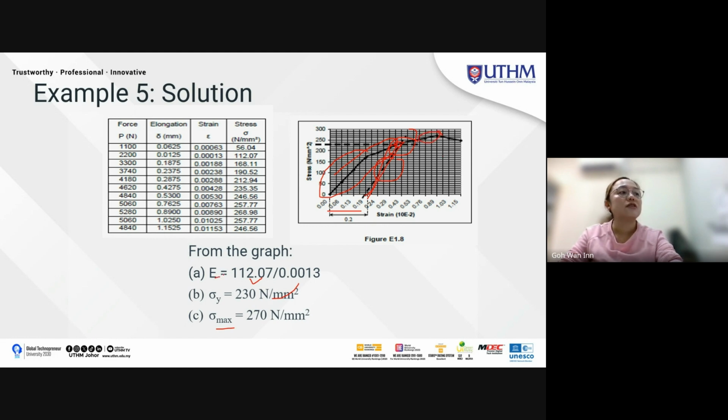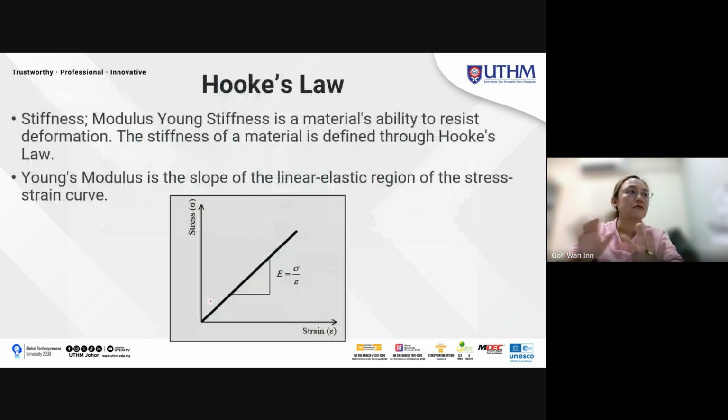So you get all this from the graph. Any questions? This is the offset method. You offset with the value provided, 0.002. If no question, I move to next.